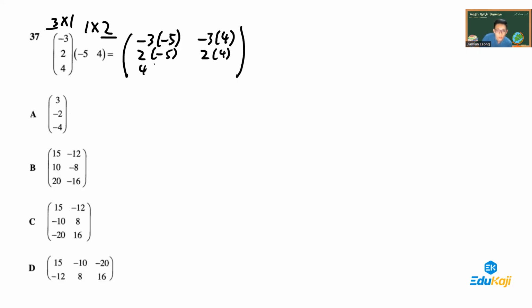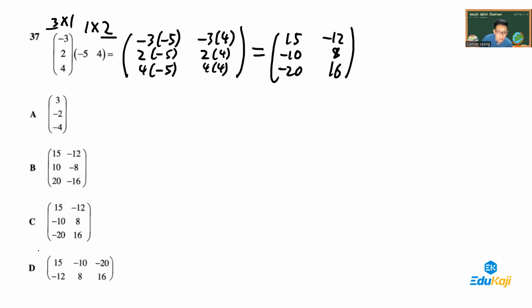Third row, first column, 4 times -5. Third row, second column, 4 times 4. Which will be 15, -12, -10, 8, -20, 16. So comparing, the correct answer is C.